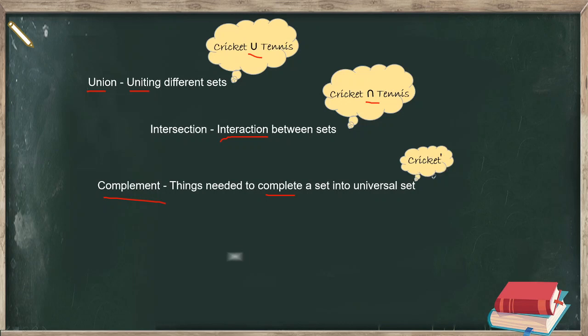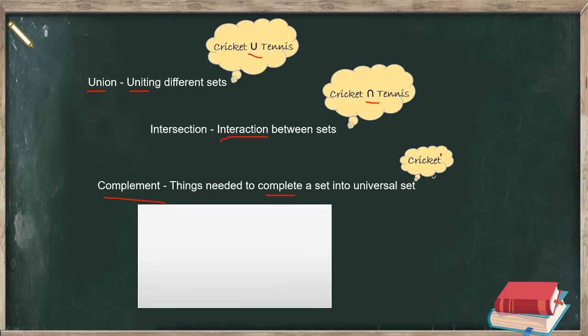Let me make it more clear. I have a playground, my rectangle. I have a circle, one of my sets, set A. Now if I say complement of set A, that means what all I need to make this set a universal set. What is a universal set? The rectangle. What all I need to put in this set to make it the universal set? The whole thing, right? Everything should be there. So this is the region.